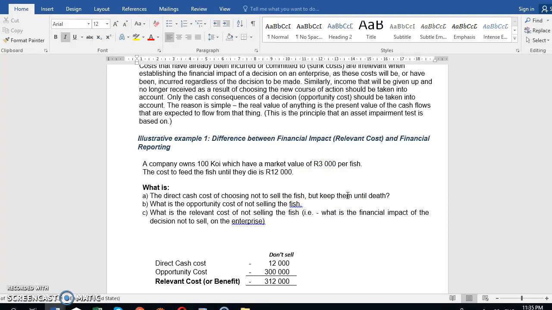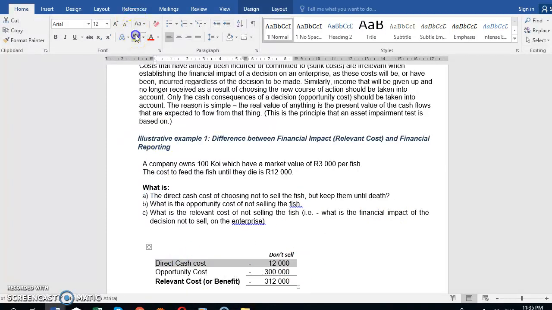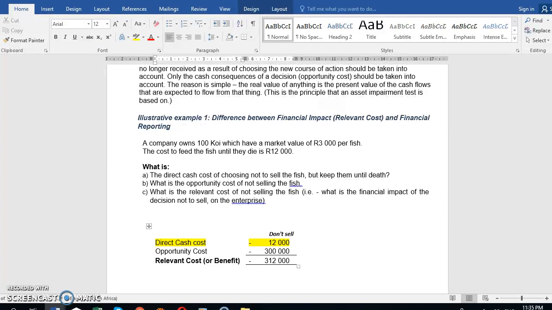So if you feed them, it's going to cost you 12,000 Rand, and so the direct cash cost of choosing not to sell the fish, which is part A of the required, is 12,000 Rand, and you'll see it's a negative because we have to pay that 12,000 Rand out. It's a negative, okay, because that's money going out that we need to pay for the fish.